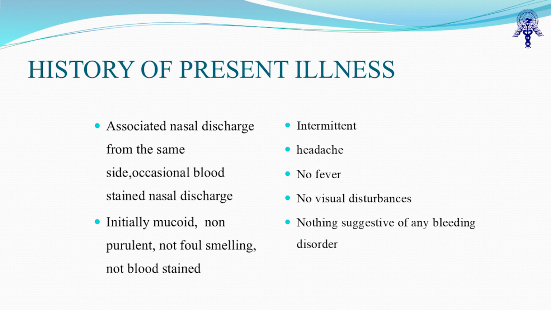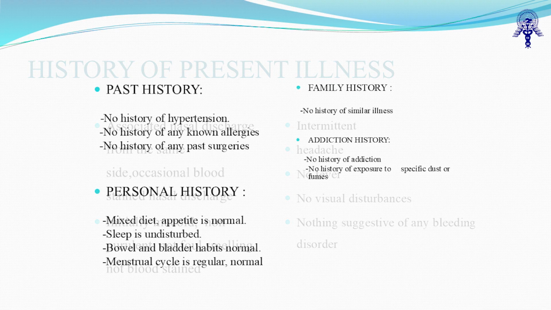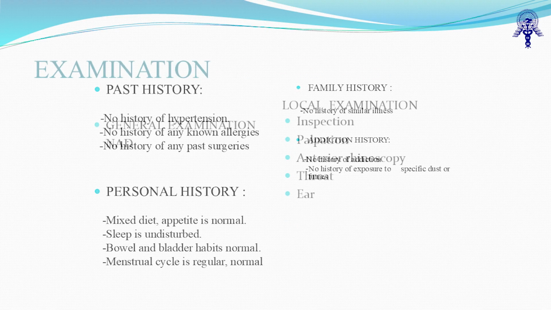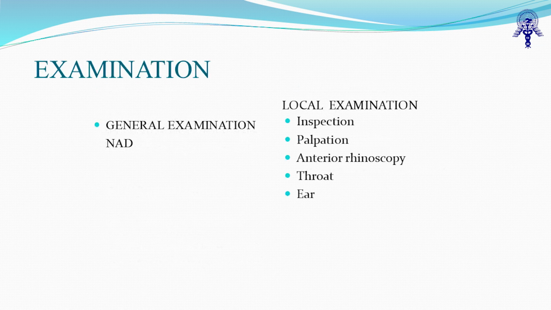Headache is there, no fever, and it is intermittent because there are episodes of exacerbation and relief, and no visual disturbance. The patient does not have any bleeding disorder history. Just because the patient gives a history of blood stain on nose blowing, that history is important. The past history, I think, our colleague will discuss, nothing much.